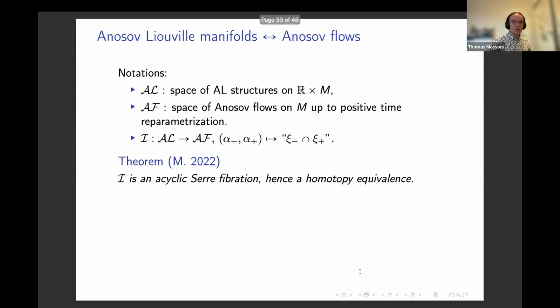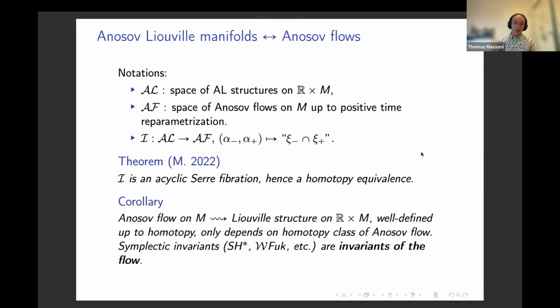And so with these notations, I show that this intersection map is an acyclic self-fibration and also a homotopy equivalence, which means that it's a fibration which is also a weak homotopy equivalence, and these spaces are very nice. They have the homotopy type of suitable complexes. So by Whitehead's theorem, it's also a homotopy equivalence.